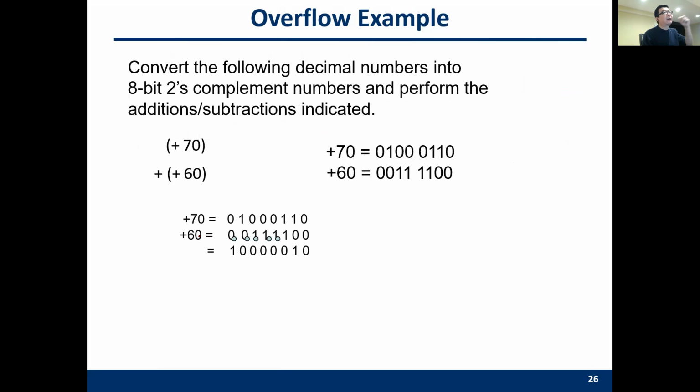Again, I think we have this slide in the 2's complement representation slides before. If I want to calculate these, this is an addition. I add a positive number with another positive number.